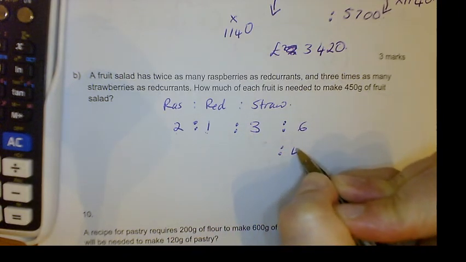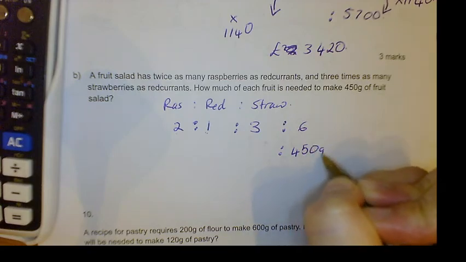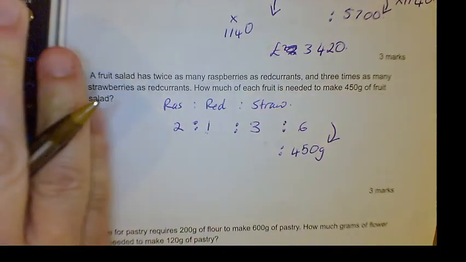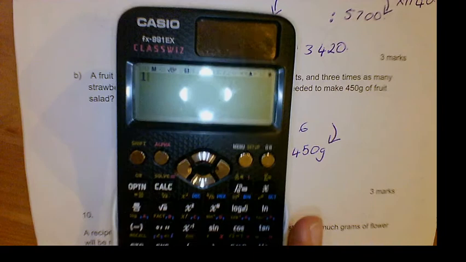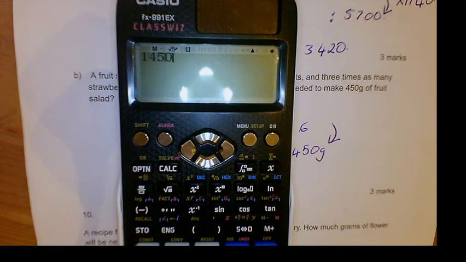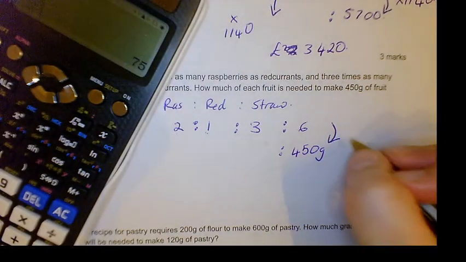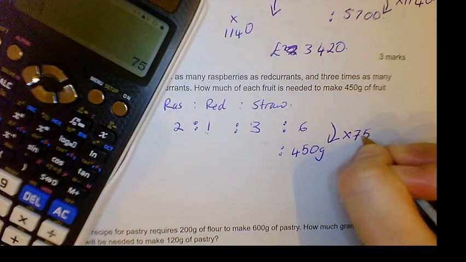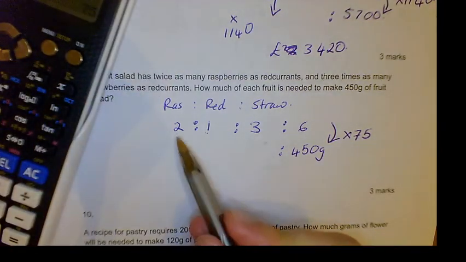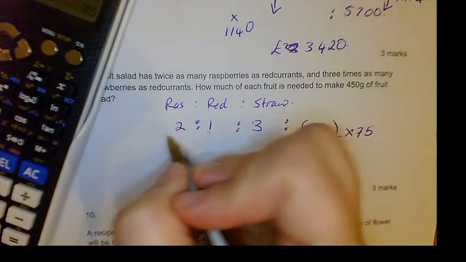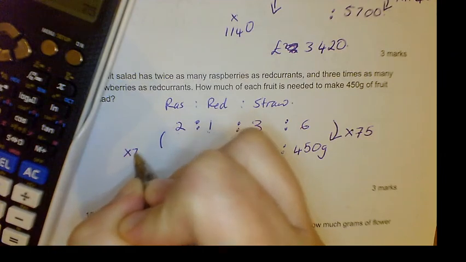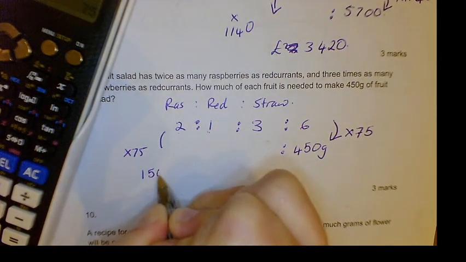I need to make 450 grams. So, once again, on my calculator, I'm going to do 450 divided by 6, which is 75. Now I'm going to times each one by 75. Raspberries come out to be 150 grams.